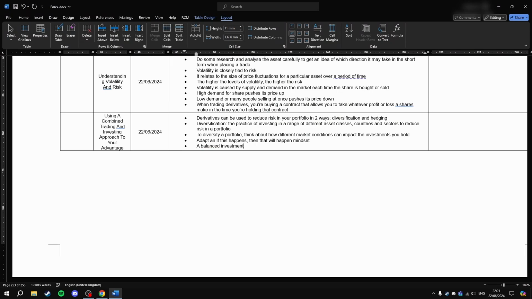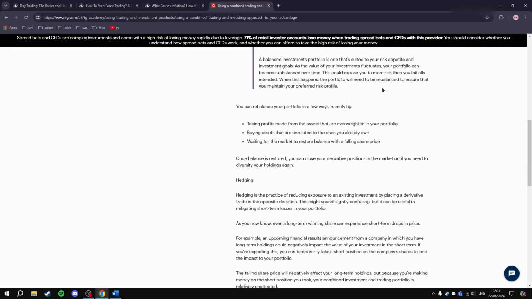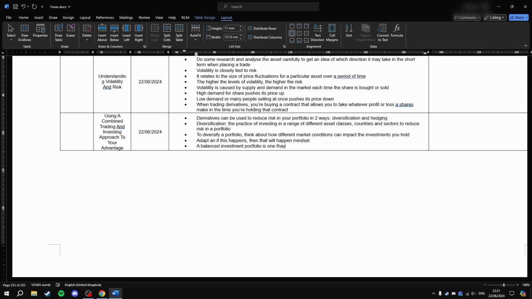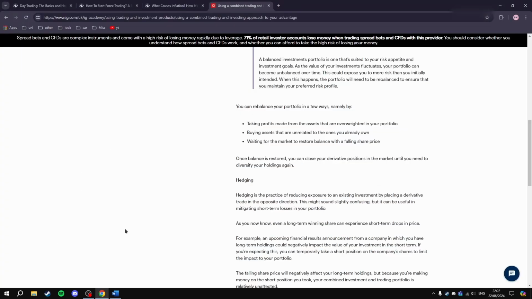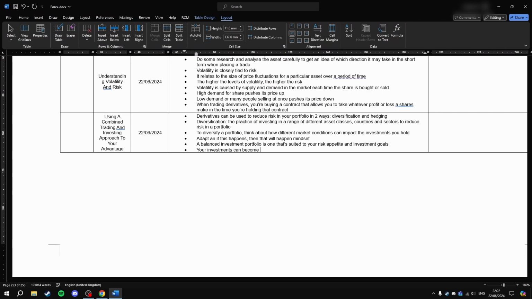A balanced investment portfolio is one that's suited to your risk appetite and investment goals. Your investments can become unbalanced over time due to fluctuations in the value of your investments.